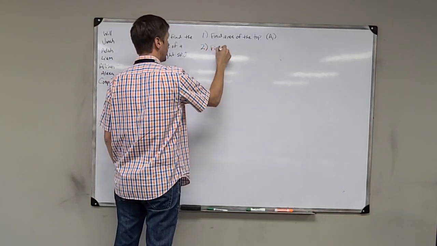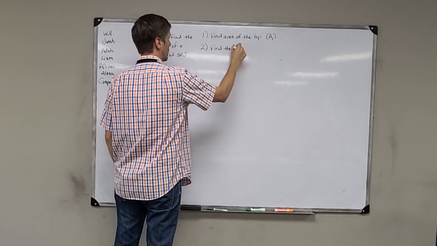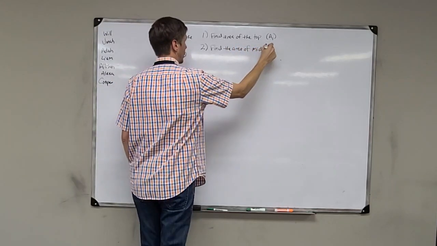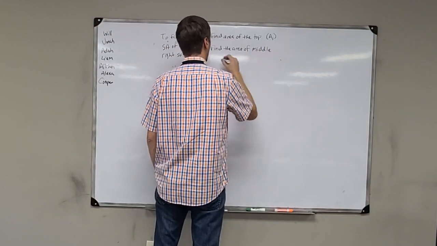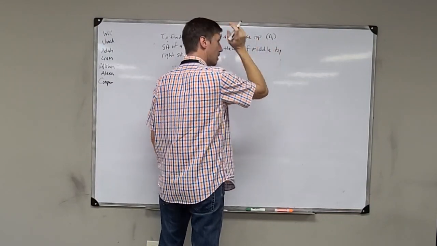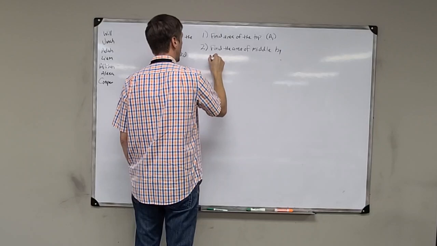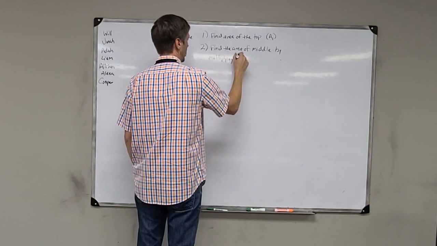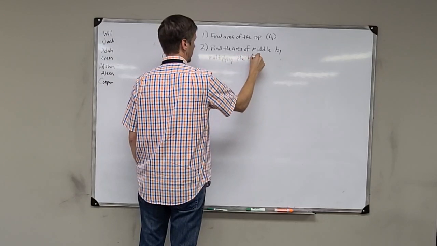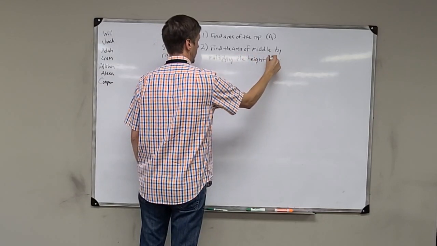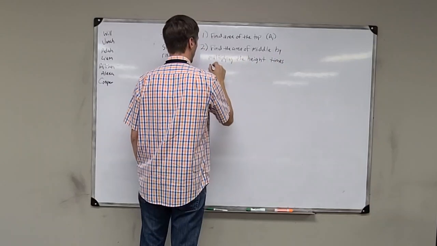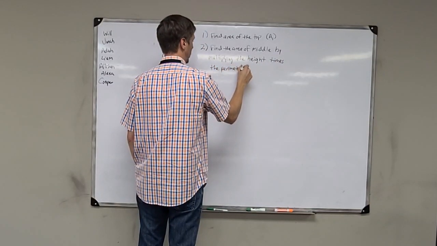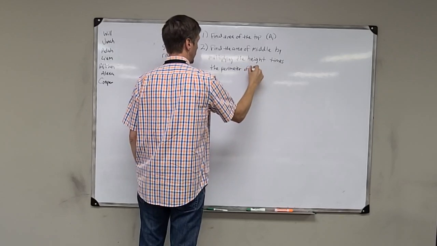Find the area of the middle by multiplying the height times the perimeter of the top.